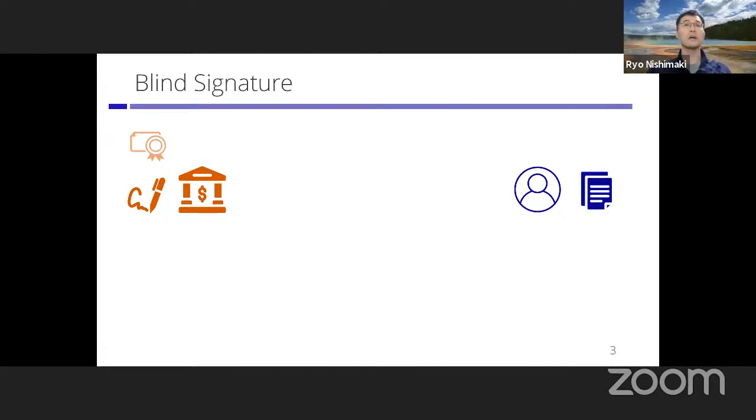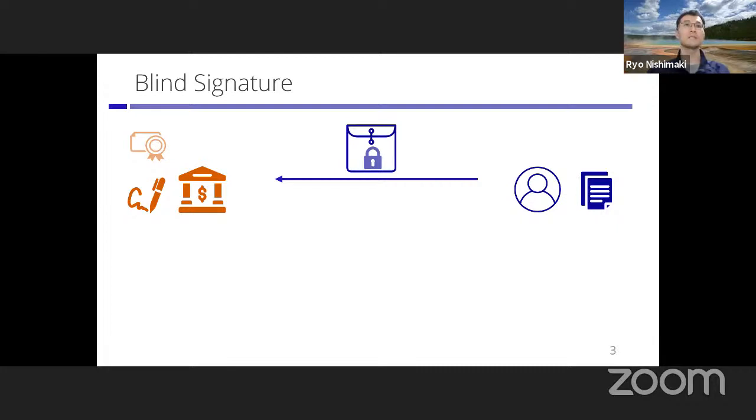This is a digital analog of a sealed envelope with carbon copy seed. There is a signer and user. A user has a message, and the user puts the message into the sealed envelope and sends it to the signer.